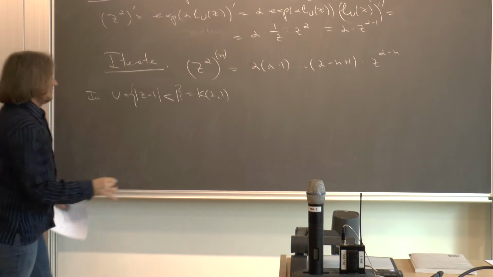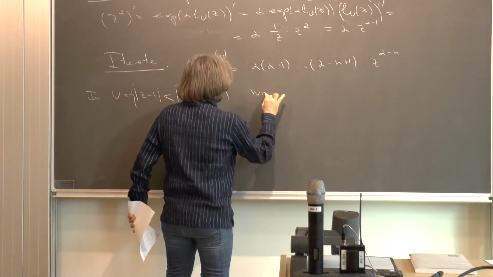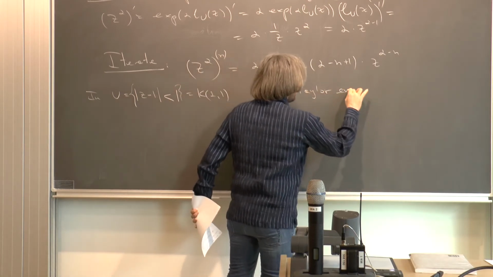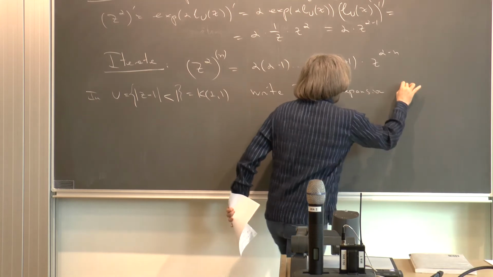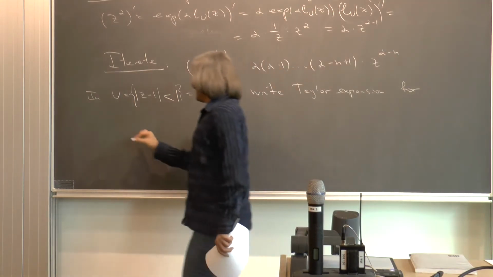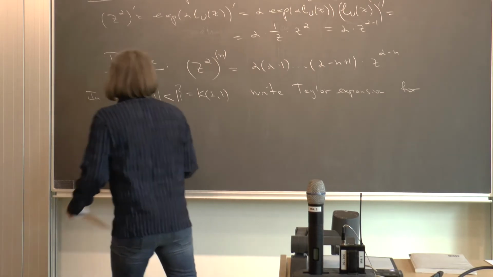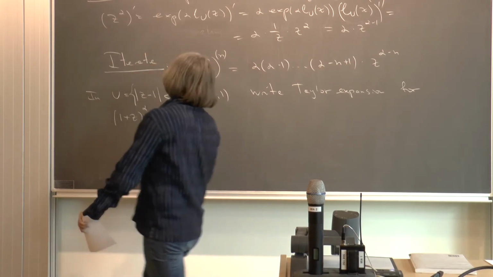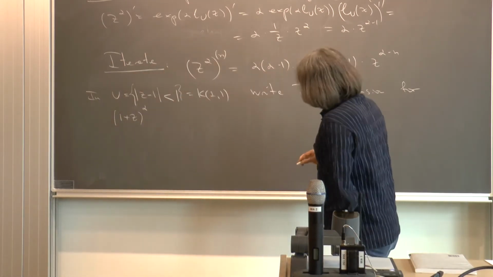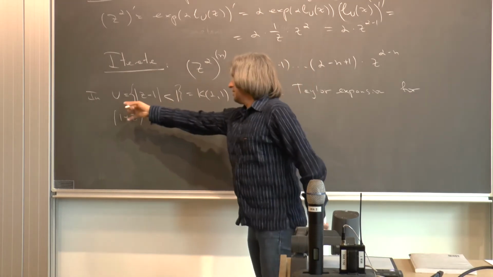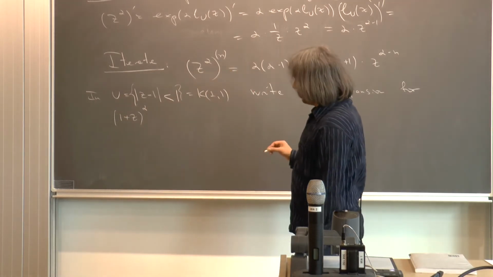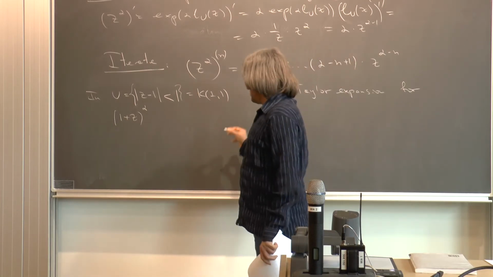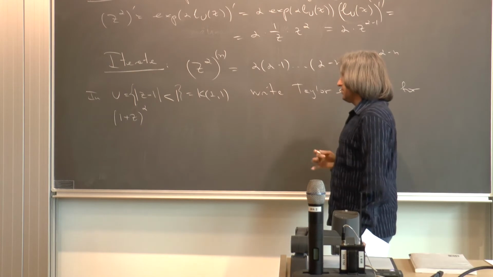We can write the Taylor expansion of 1 plus z to the alpha. So notice that my choice of this disk makes it simply connected and totally inside C without 0. It's an open disk, so the point 0 is not there.